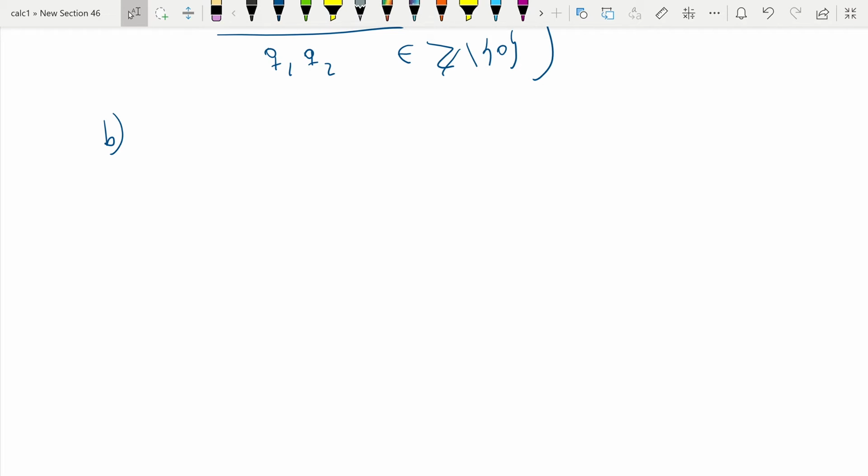Now for part B, you're given an element in Q and an irrational number. So A, what do you know? A is P over Q. Remember to write down the information you're given, so this is in Q. T is an irrational number.